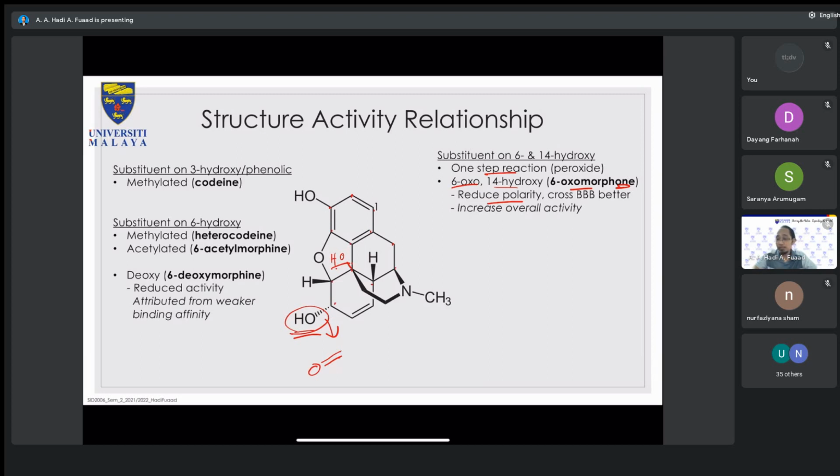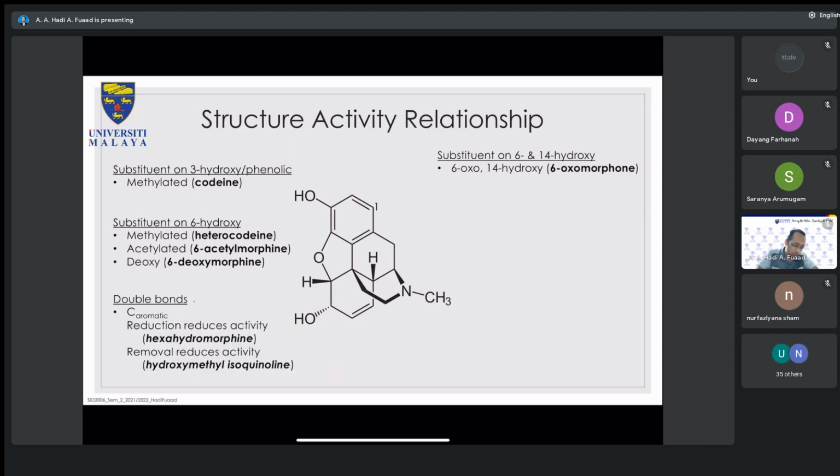I'm not sure how they actually measure it, but they can measure it, and thus they can conclude that it actually reduces the polarity. So again, similar to the other cases, if you reduce the polarity, you increase the bioavailability, and it passes through the blood-brain barrier even easier, and therefore you can increase the overall activity. So that's the simple case for this particular structure.